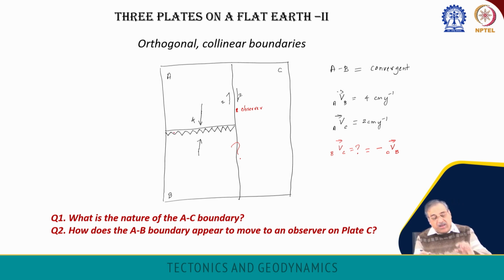How does the boundary between plates A and B appear to move to an observer who is on plate C? Now that's actually a very vital thing. So we need to understand exactly how this boundary would change. How would this actually move?